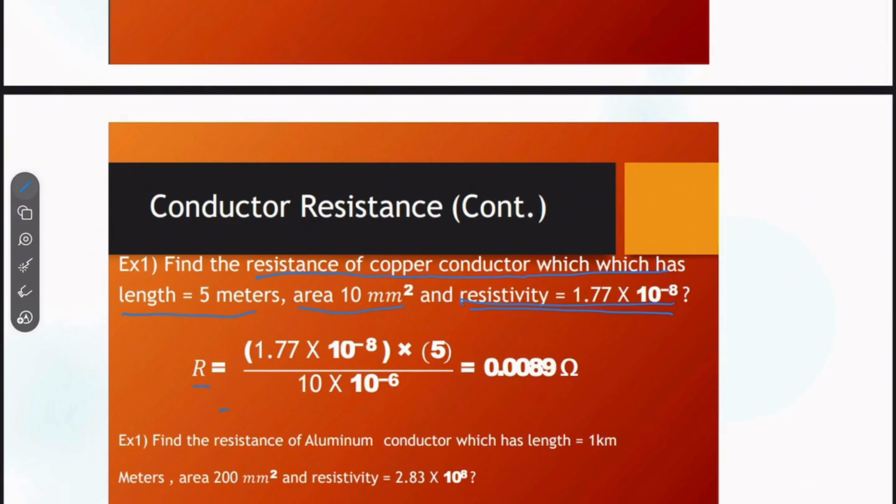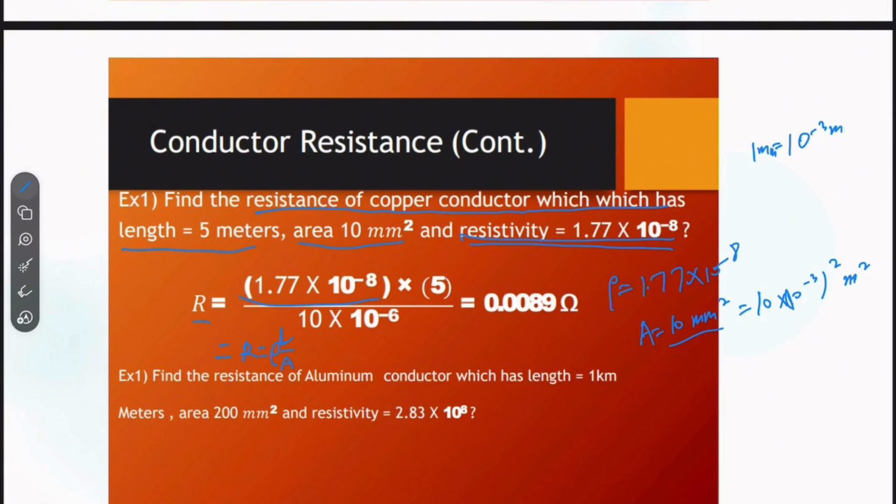So the formula is R equals rho times L over A. Rho equals 1.77 times 10 to the minus 8, and A is 10 square millimeters. We have to convert that to square meters. 1 millimeter is 10 to the minus 3 meter, so that would be 10 times 10 to the minus 3 square meter.